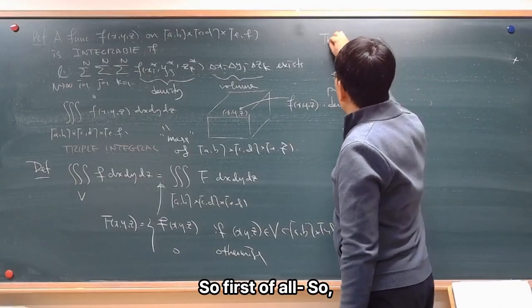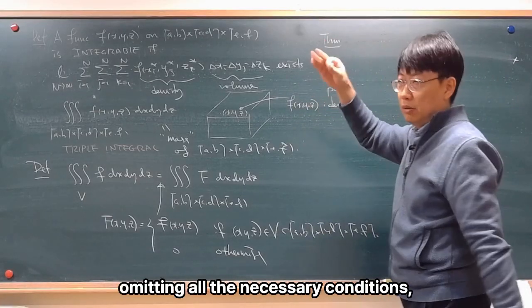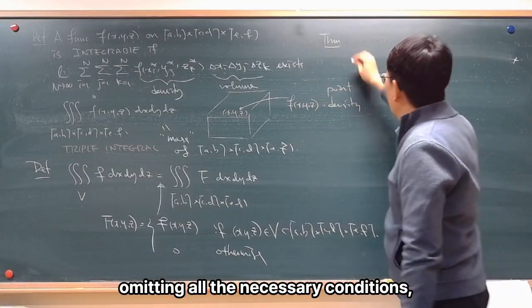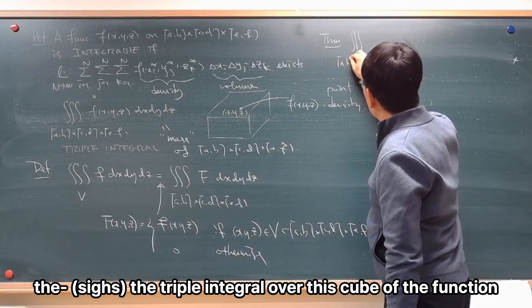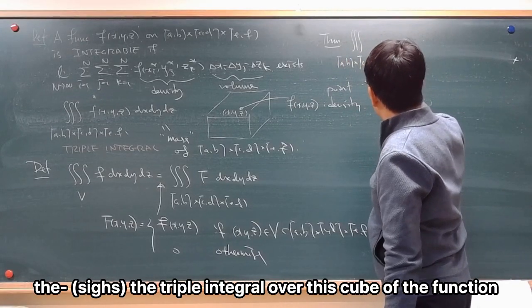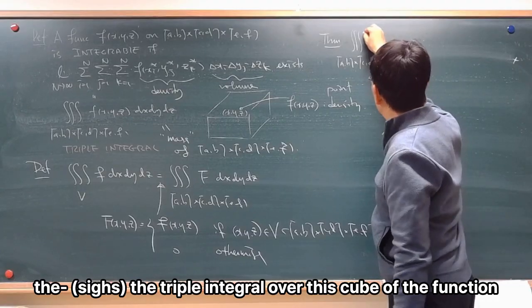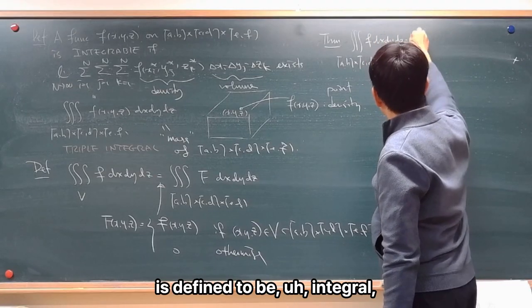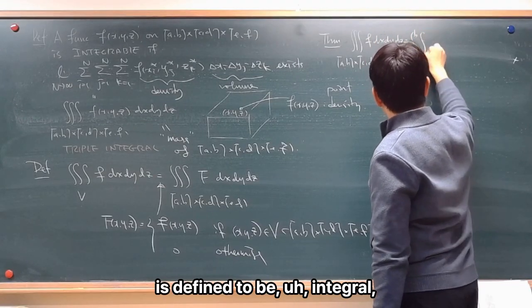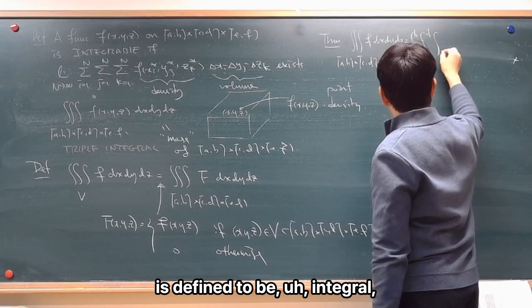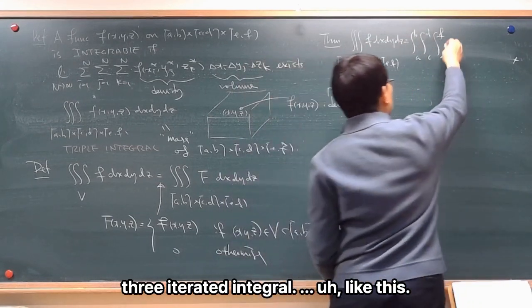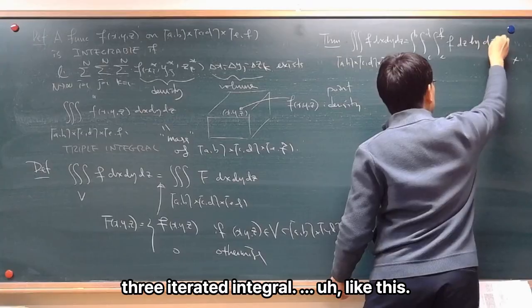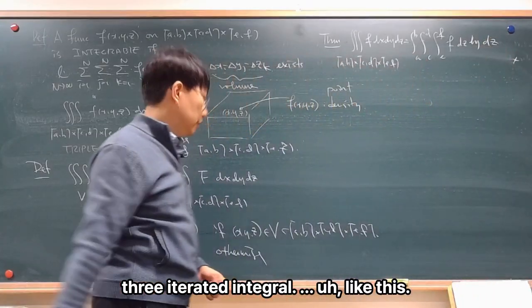So first of all, omitting all the necessary conditions, the triple integral over this cube of the function is defined to be an iterated integral, three iterated integrals, like this.